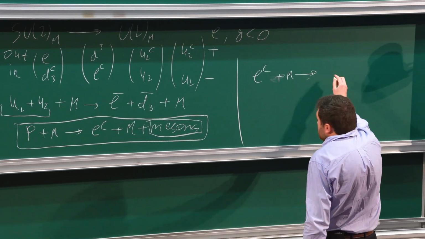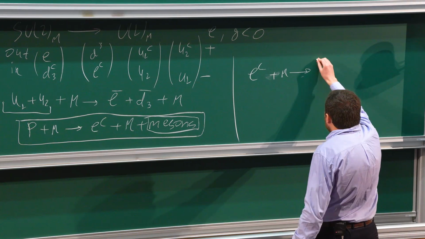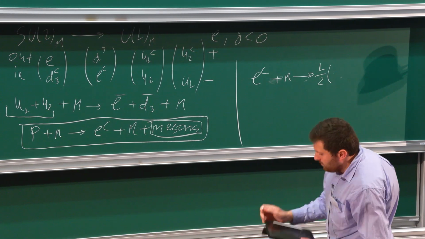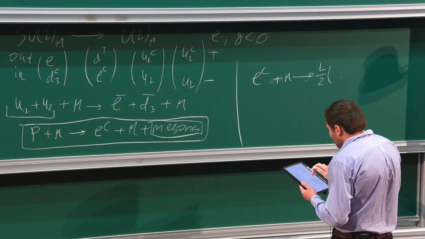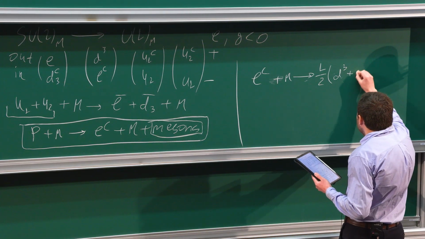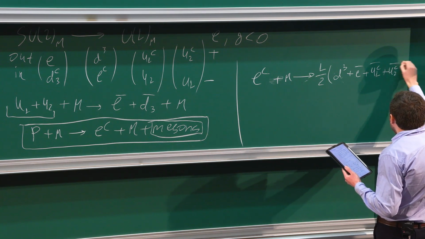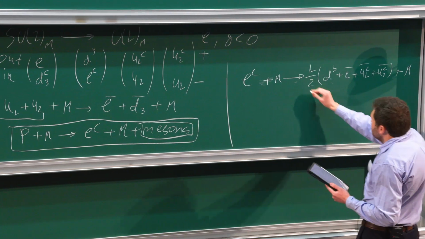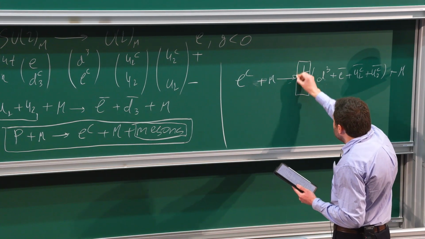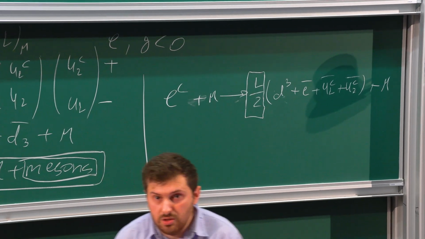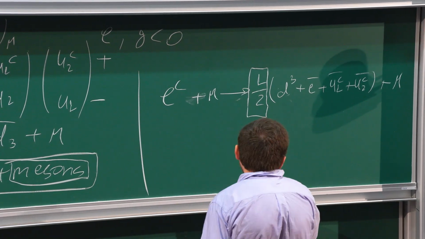I will get that the final state by exactly the same arguments will be 1/2 of D3 plus E bar plus E1 C bar plus U2 C bar plus M. So the quantum numbers tell me that the final state should contain half particles. That is nonsense. I don't have any half particle in the standard model.